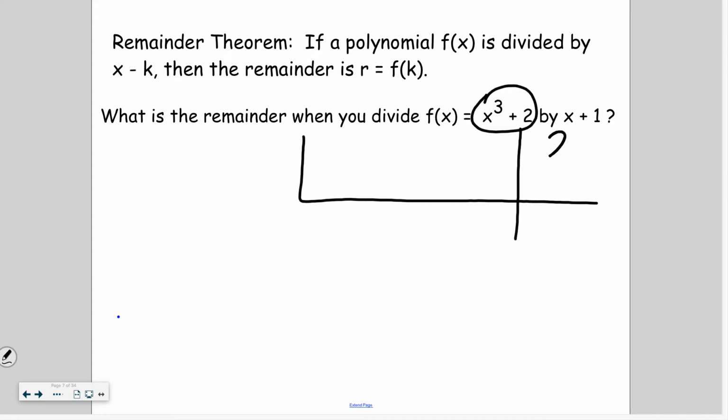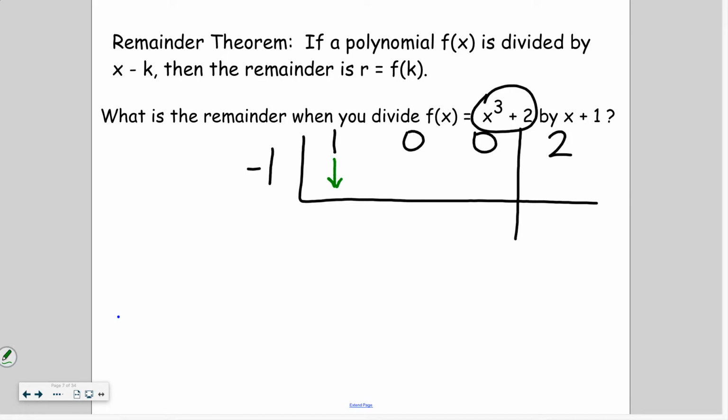So our constant is 2, our x cubed is 1, and we need an x squared and an x. What value could we plug in that would not change what we have if we add or subtract it? And that is 0. And then we're going to divide by, not the positive 1, but a negative 1.